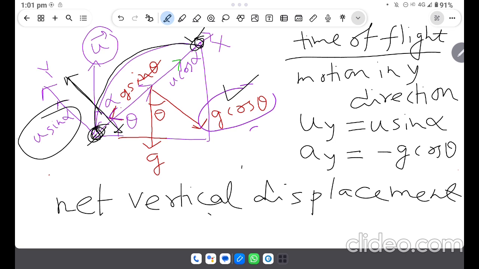That means with respect to the y component of the vertical direction, no displacement is happening. So you can write Sy equal to 0. Now we will use this concept to find out the time of flight.